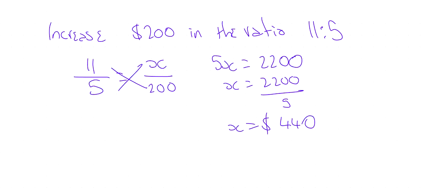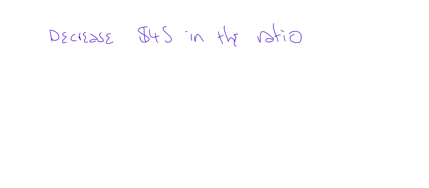The same is going to be true if you decrease. It's exactly the same, but you have to make sure the number matches the smaller thing. So let's do one like that. If I say decrease $45 in the ratio 2 to 3.